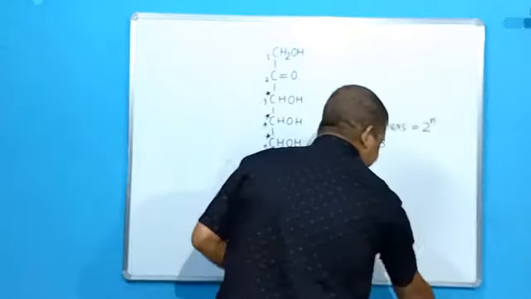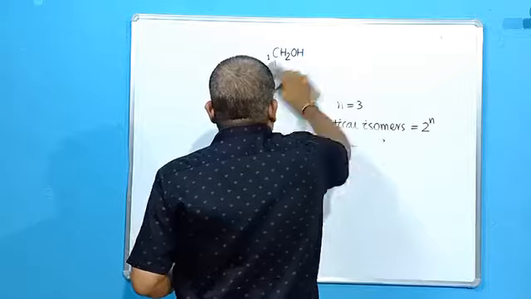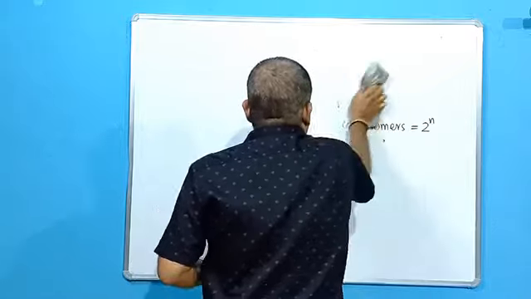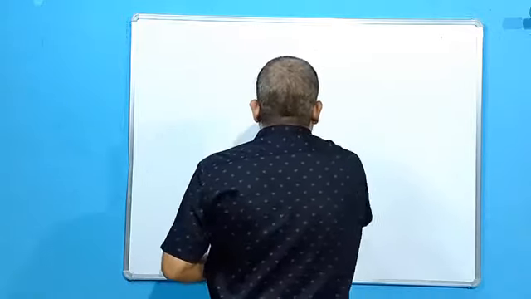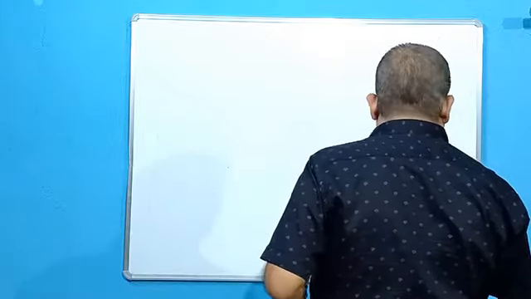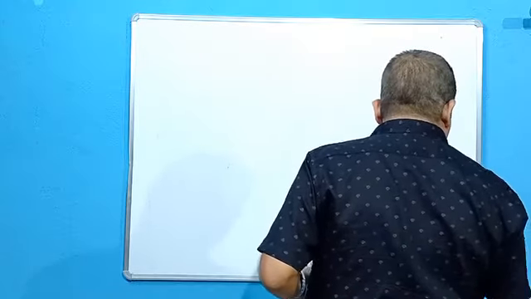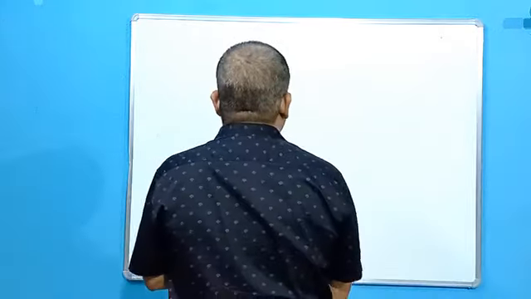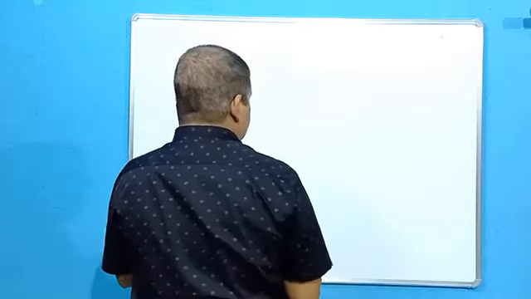Then second one, regarding formation of osazone. How osazone is formed? Now whenever glucose and fructose are treated with excess of phenyl hydrazine, then osazone is formed.